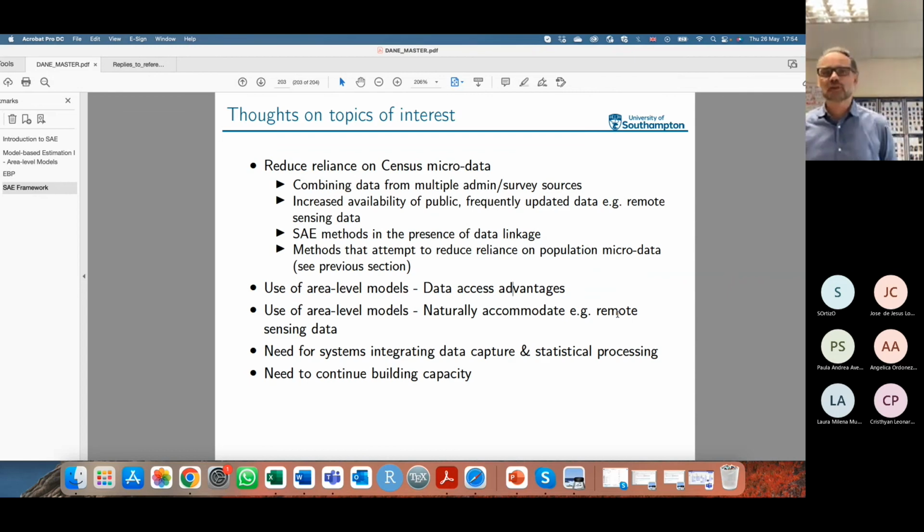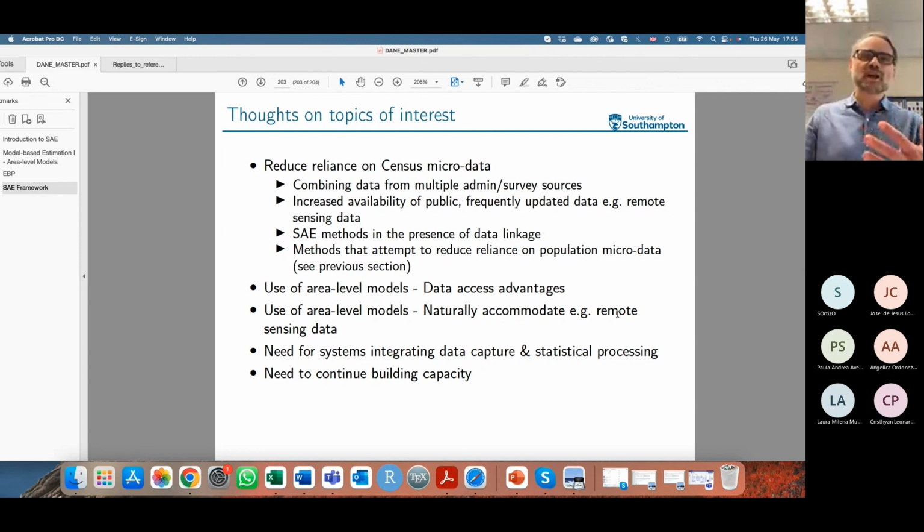And the final slide on my thoughts is that a lot of the methods that we use in poverty mapping rely on census microdata, and as I said, it is quite important to try and reduce in some way reliance on such data. Okay, they're very useful, but they're not updated very frequently, right?